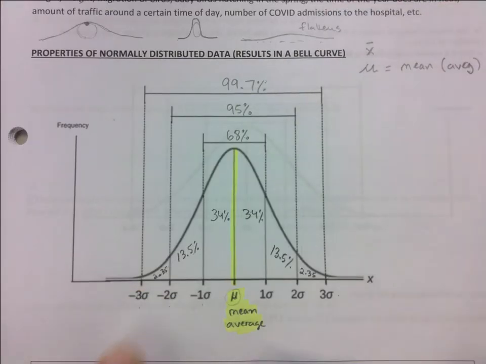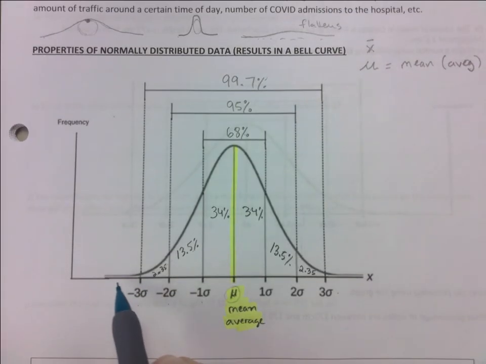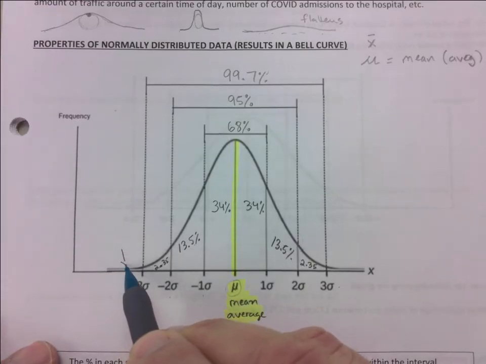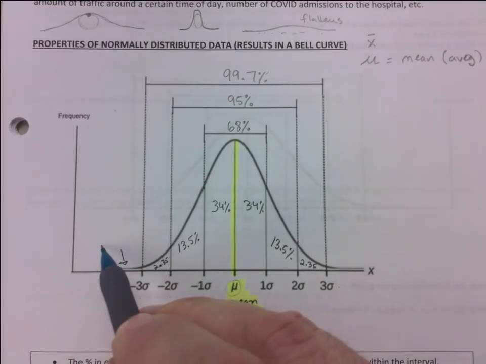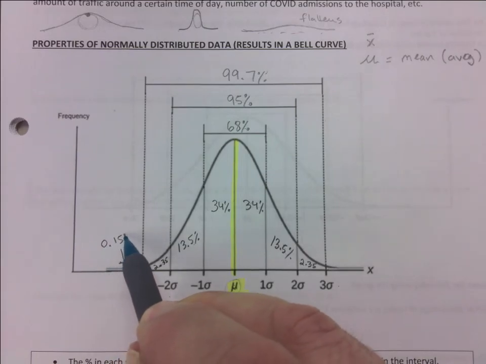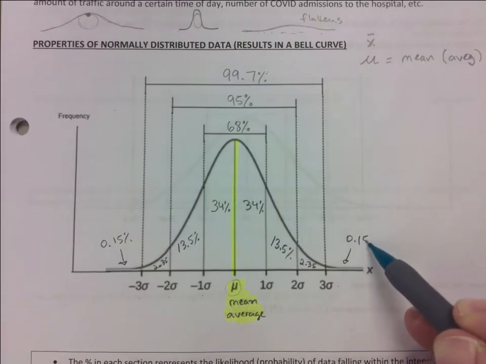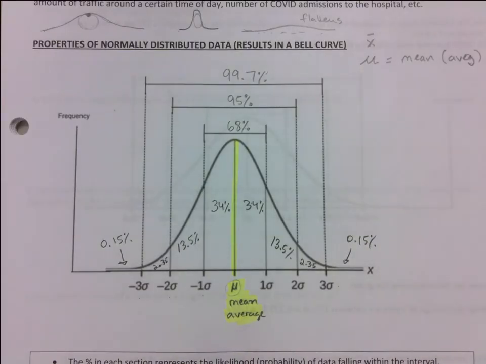Okay? Then this sliver, do you see that sliver? I had to work really hard to let you know that this is not touching here. There's actually something underneath that little flap. And that's 0.15%. There's not a whole lot found in there. But when it comes to income, let's talk about income.